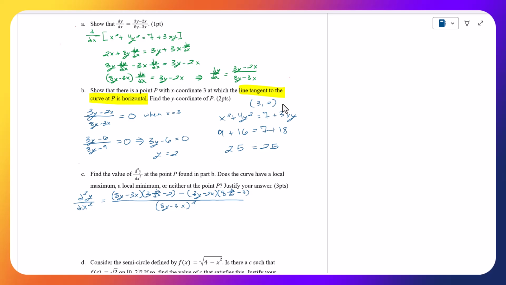8 times 0 is 0, minus 3, divided by 8 times 2 minus 3 times 3 squared. Okay, and looking here, 3 times 2 minus 2 times 3, that's just 6 minus 6, that's 0, so this whole term will just go to 0, so I'm not even going to worry about it.